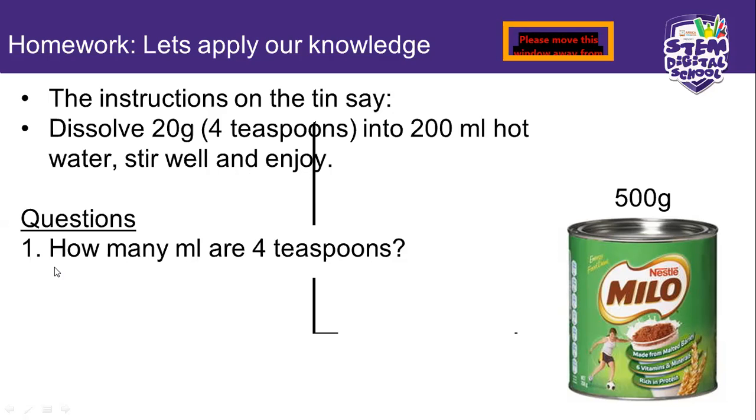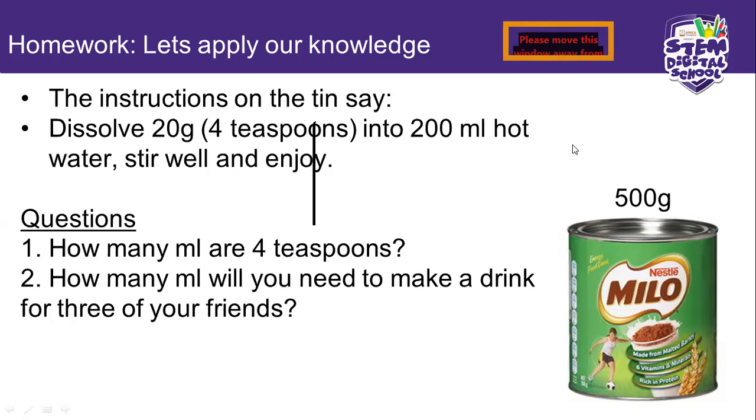So, how many milliliters are 4 teaspoons? Remember we talked about it previously? How many milliliters are 4 teaspoons? Okay. And now here the question is, how many milliliters will you need to make a drink for 3 of your friends?